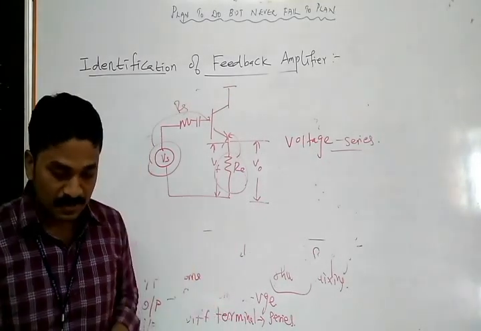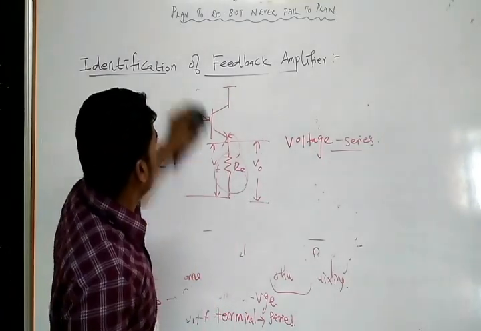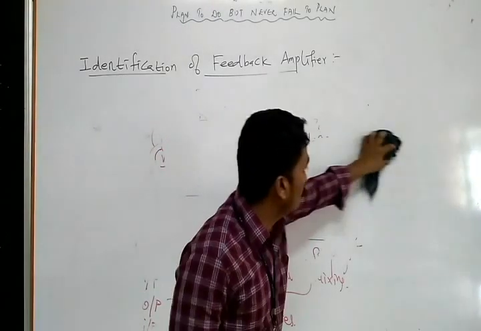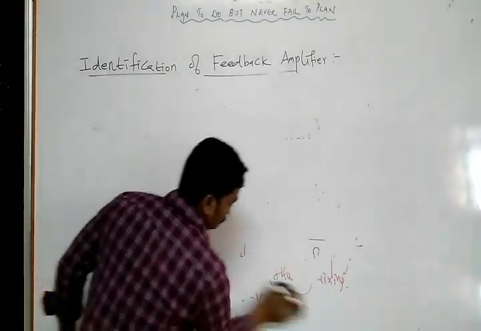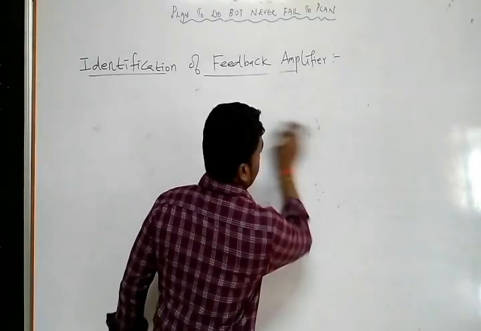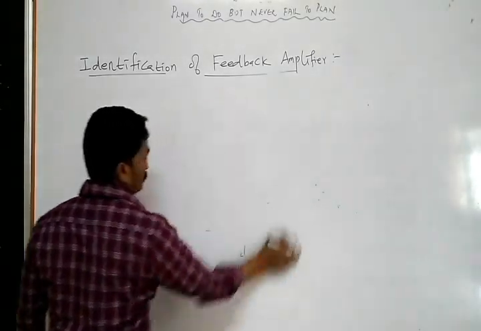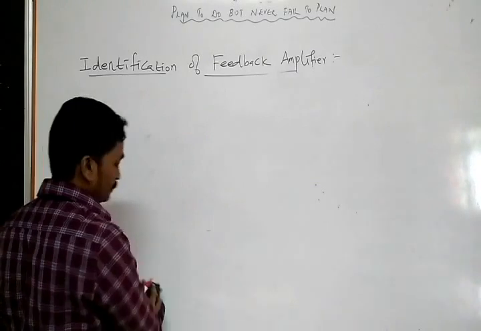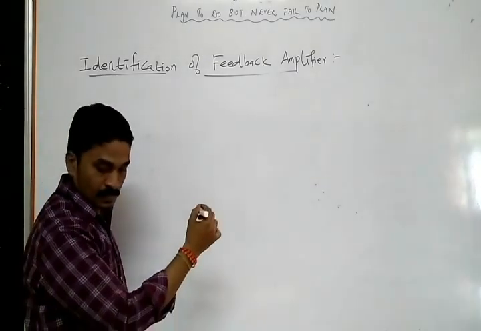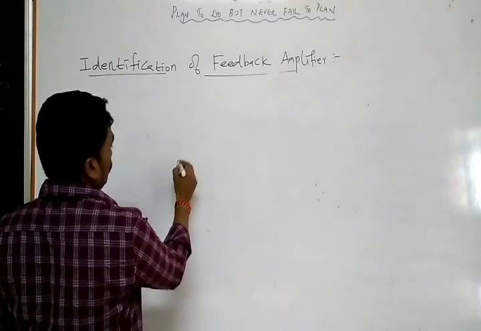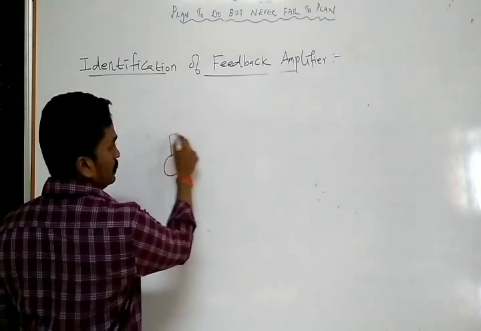I'll show you another picture to identify what type of feedback amplifier it is by using the shortcut method. Let us take one op-amp circuit.